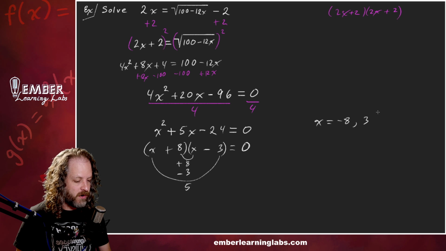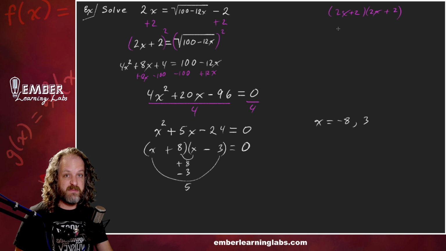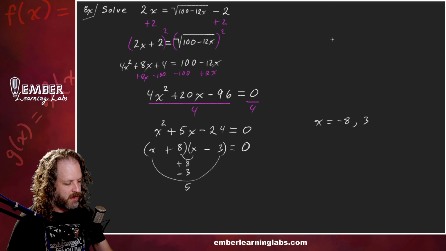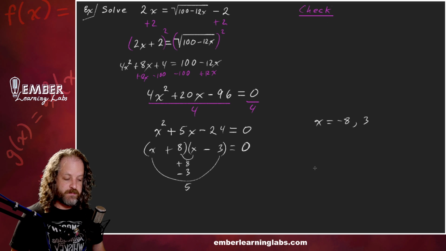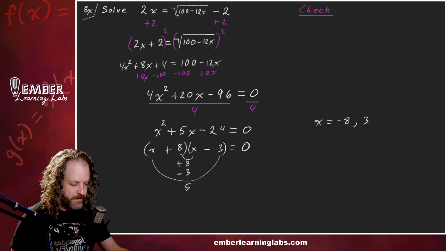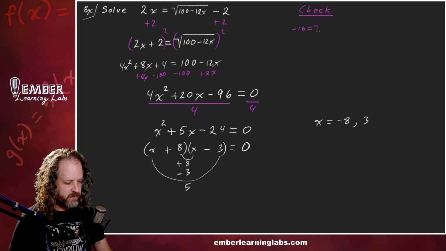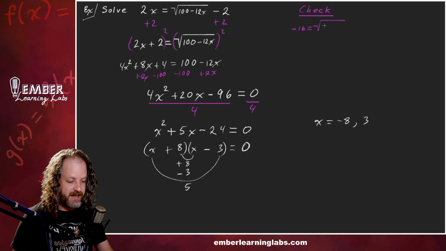Now, it's important with a square root that we check these to make sure they work, because sometimes they might not. So we're going to do a check to make sure. Again, this is pretty much review, so I'm going to kind of speed run it. So 2 times negative 8 is negative 16 equals the square root of 100 minus 12 times negative 8, which is positive 96.